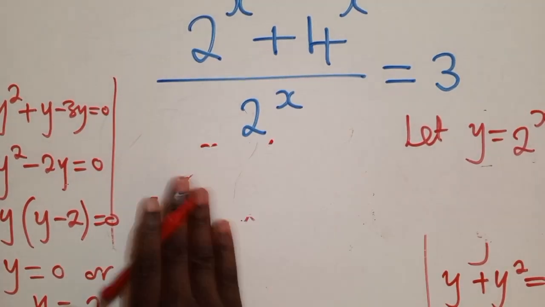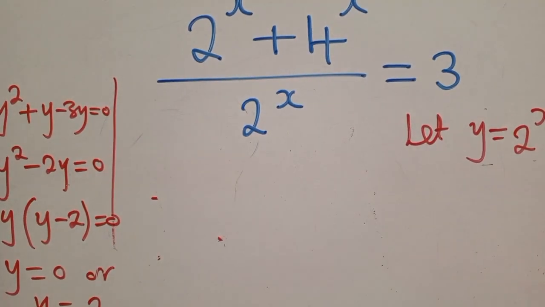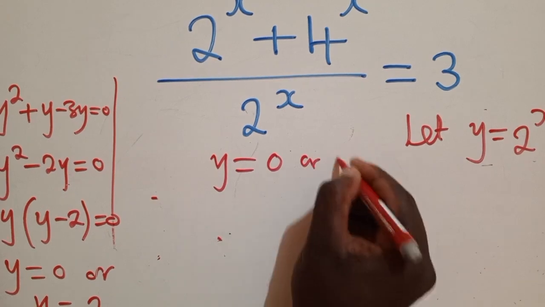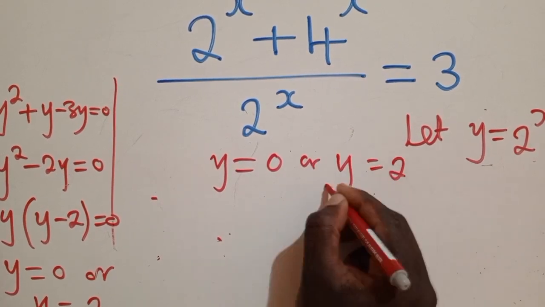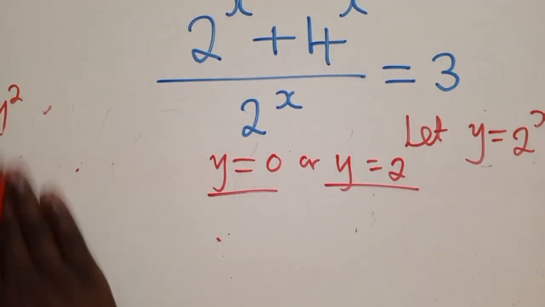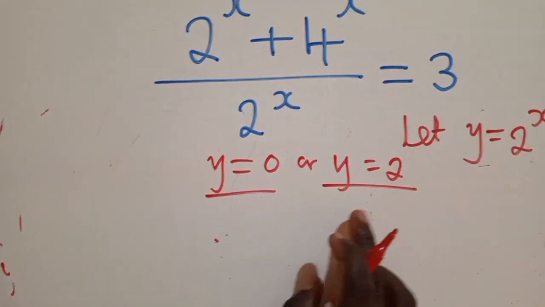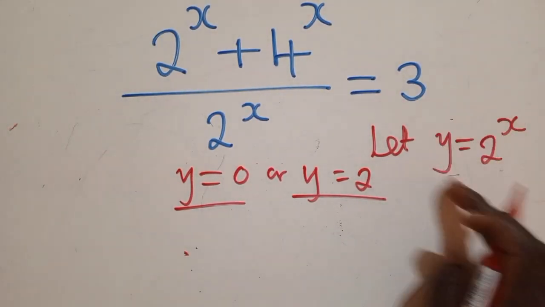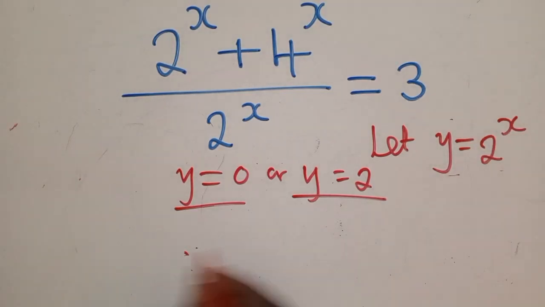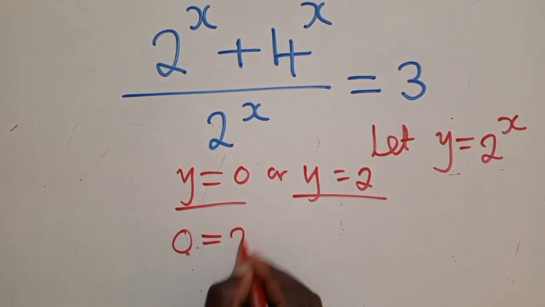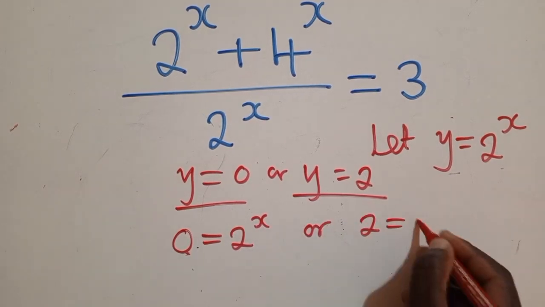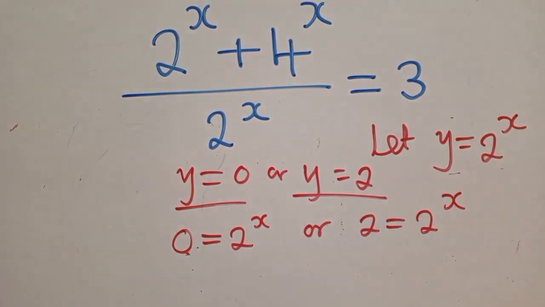Remember, we found two values of y. There's y is equal to 0, or y is equal to 2. So we're going to use these two values of y to find the value of x using this equation right here. So we shall say y is equal to 2 power x, or 2 is equal to 2 power x.